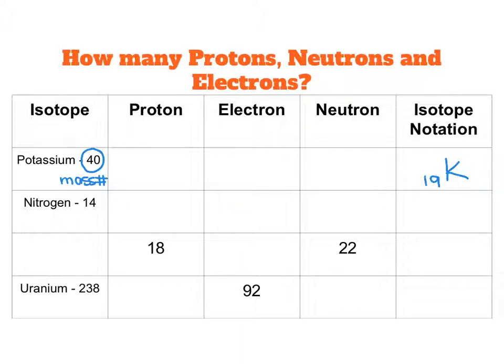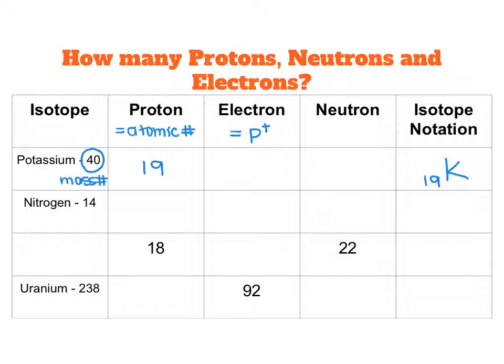Okay. Now I need protons, neutrons, and electrons. Okay, so protons, remember, is equal to the atomic number. So if my atomic number is 19, that means that I also have 19 protons. Now electrons. I know that the electrons is equal to my number of protons.